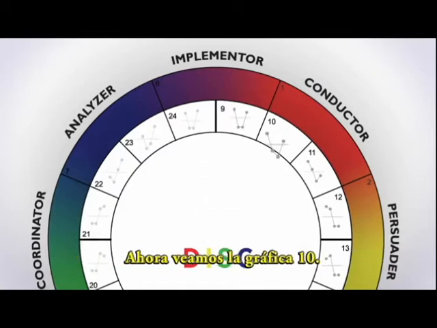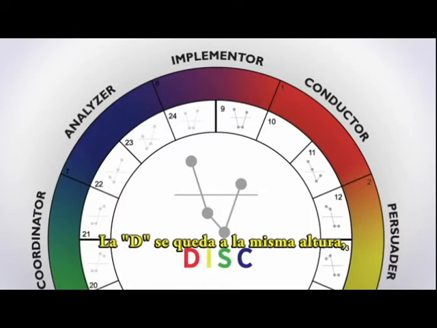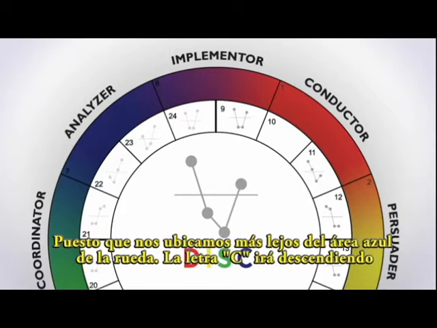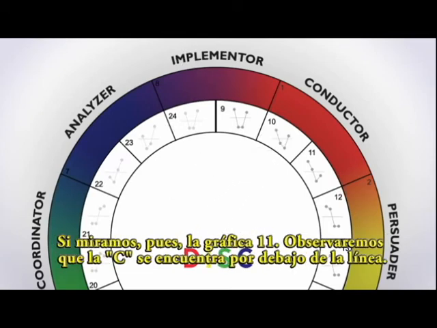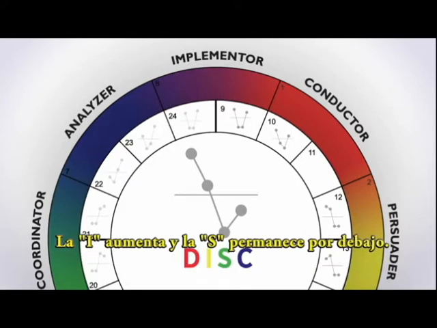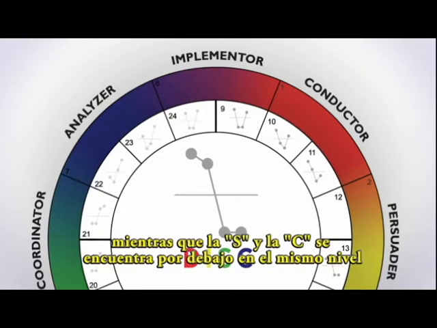But now let's go look at 10, and we'll start to see a little concept here. The D is staying about the same, and the C is lowering. As we move away, the C is going down, and the D is staying about the same. Then as we look at 11, the C drops below the midline, and now we're starting to increase the I while still maintaining the low S. And then on 12, you'll see that the D is slightly above the I. The S and C are about equal.